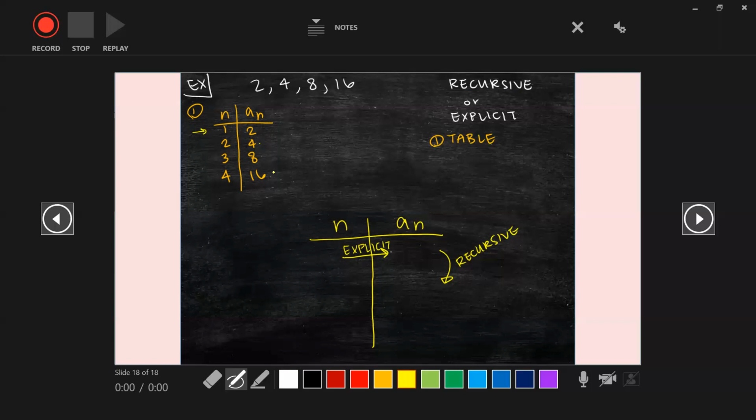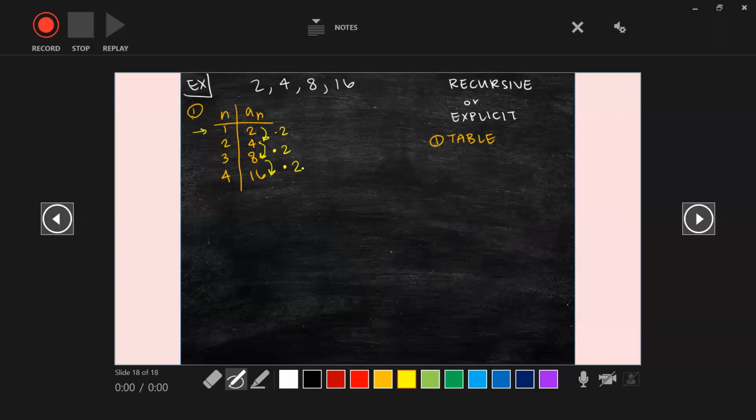So let's look at our pattern here. Whenever we're going from the first term to the second term, what are we doing? Multiplying by 2. When we're going from the second term to the third term, what are we doing? Multiplying by 2. And the third term to the fourth term? Multiply by 2.